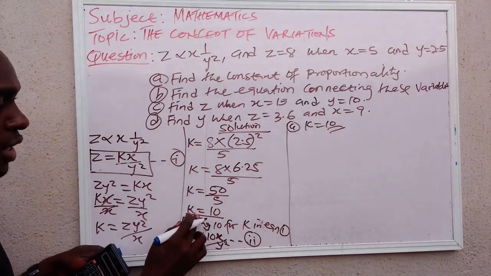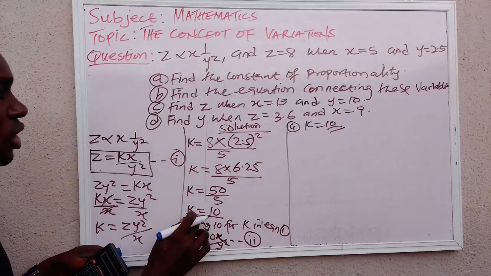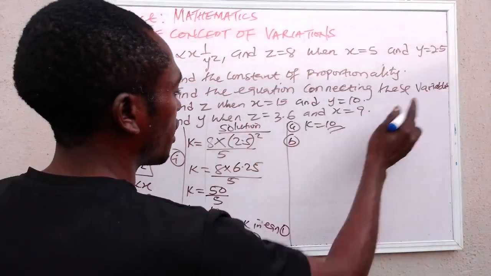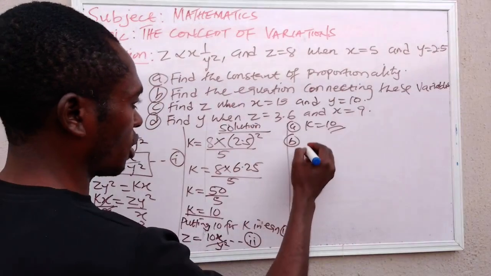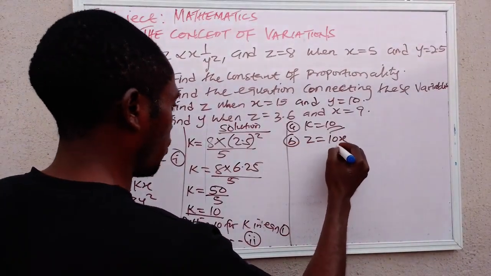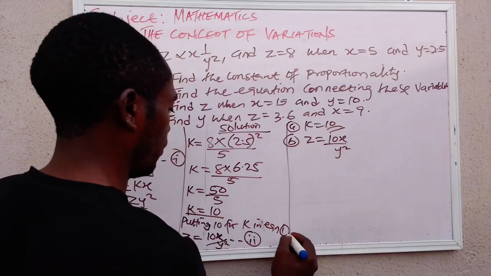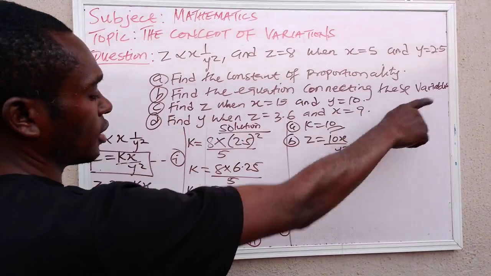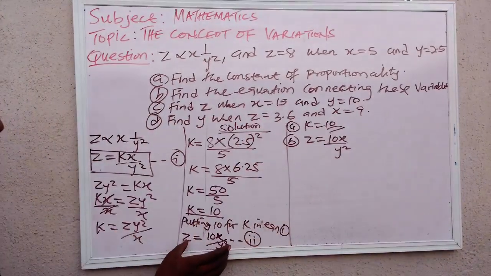So the constant of proportionality here is 10. That's our K. B: Find the equation connecting these variables. So we have found the equation connecting the variables, which is z equals 10x over y squared. This is the equation, which is what we did here.